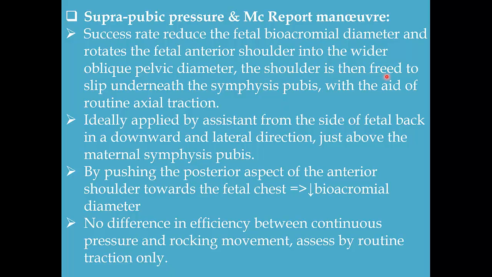The shoulder is then free to move underneath the symphysis pubis with the aid of routine axial traction. It is ideally applied by an assistant from the side of the fetal back in a downward and lateral direction, just above the maternal symphysis pubis. So if you want to do McRoberts, you need an assistant, pushing on the posterior aspect of the anterior shoulder towards the fetal chest to decrease the bisacromial diameter. There is no difference in efficacy between continuous pressure and rocking movement, assessed with routine traction only.